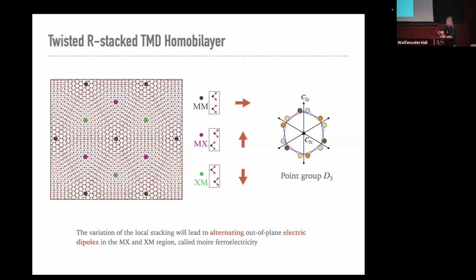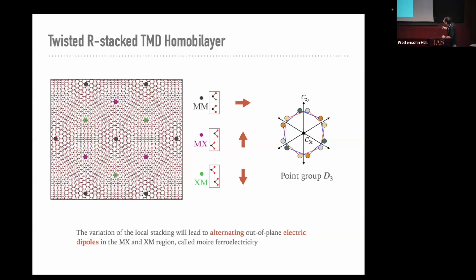Okay, so now if you want to think in terms of electric dipoles, because inversion symmetry is gone and the mirror symmetry is gone, actually an out-of-plane dipole is symmetry allowed, and also they must have opposite dipoles. But if you look at the MM stacking, even though the inversion symmetry is gone, we still have the mirror Z reflection. So in that case, you can only have an in-plane dipole rather than an out-of-plane dipole. So that's very, very important information we're going to use later.